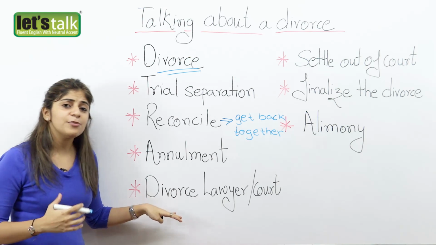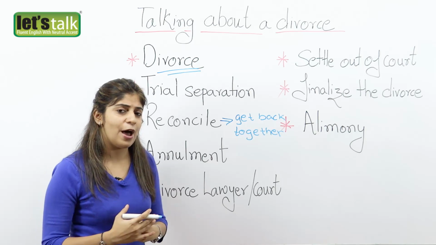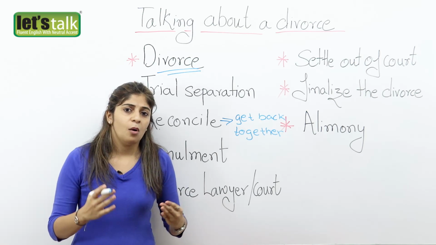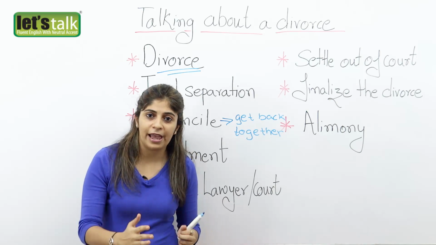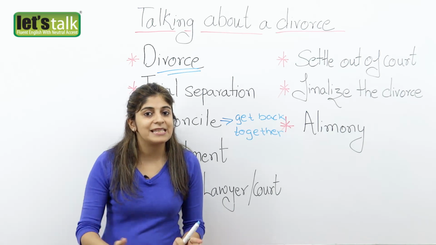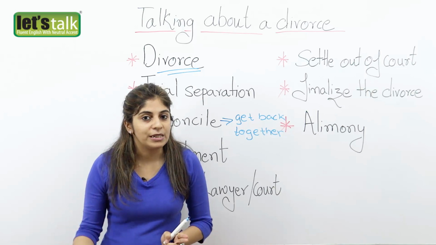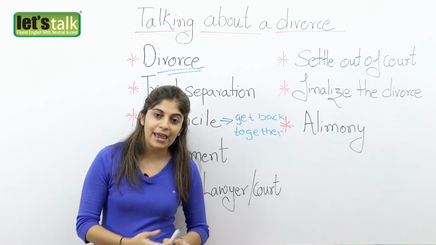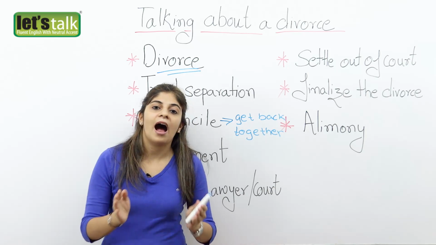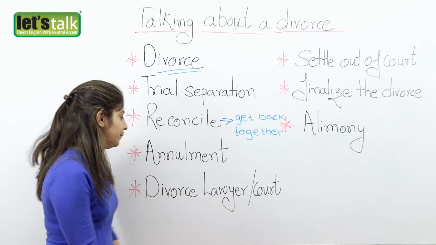Now, there's a certain procedure to divorce. Basically, once the couple decides that they want to file for a divorce, they would go ahead and file. This means they would submit legal documentation, the legal paperwork, to the local government, okay? And then they would hire a divorce lawyer.